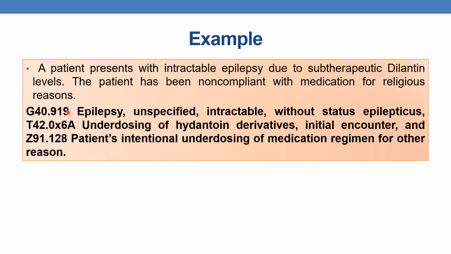That is G40.919, epilepsy unspecified intractable without status epilepticus, followed by underdosing of Dilantin, that is T42.0X6A, underdosing of hydantoin derivatives, initial encounter, and Z91.128, patient's intentional underdosing of medication regimen for other reasons.